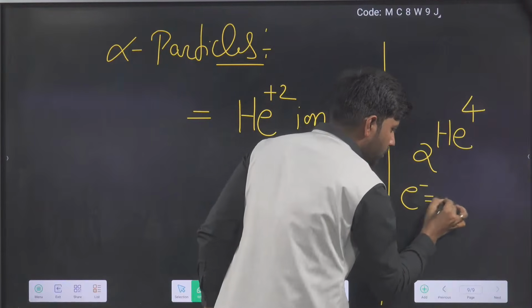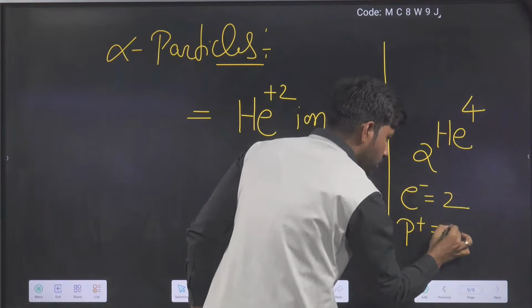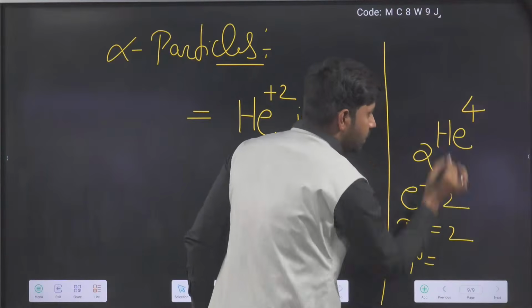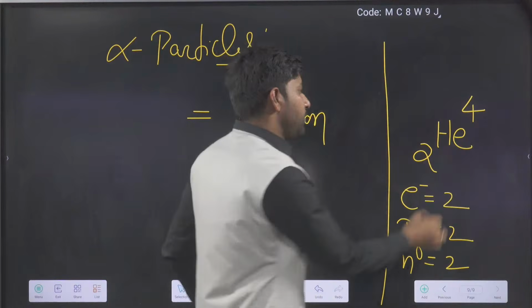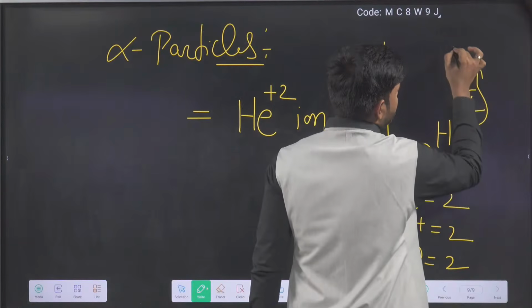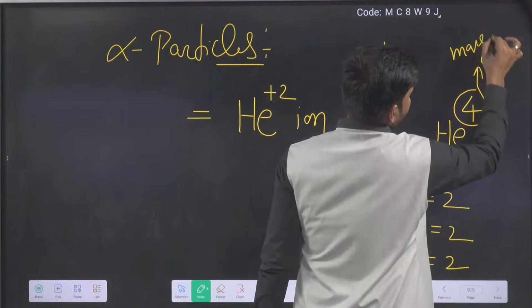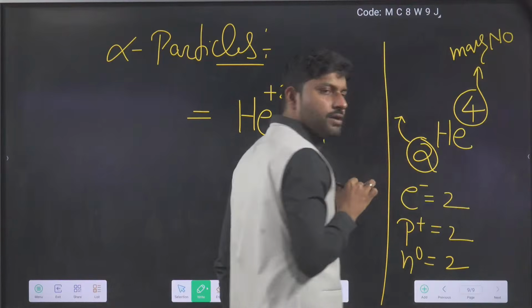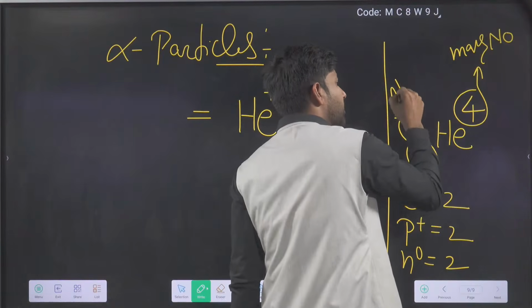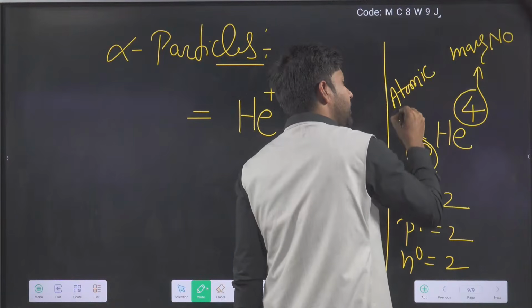Number of electrons 2, protons 2, and neutrons 4 minus 2, means 2. We know that this is the mass number, and this is the atomic number.